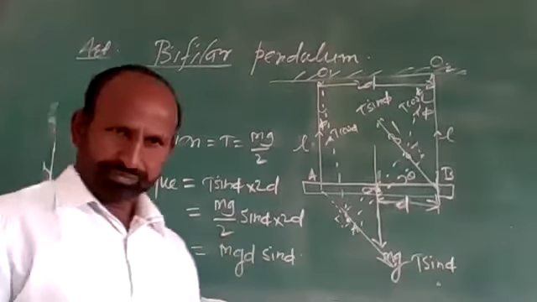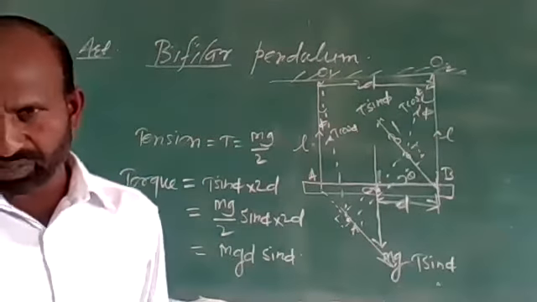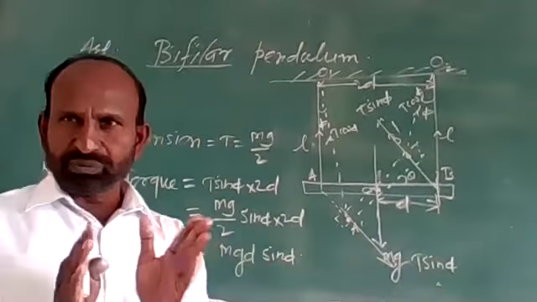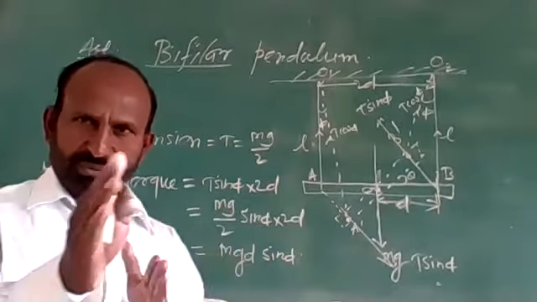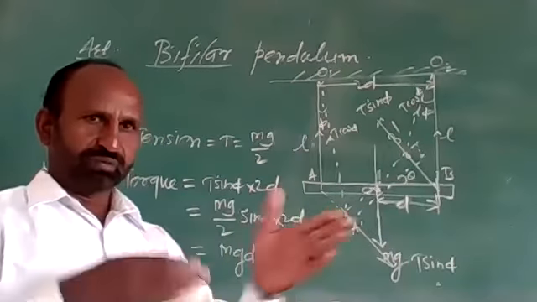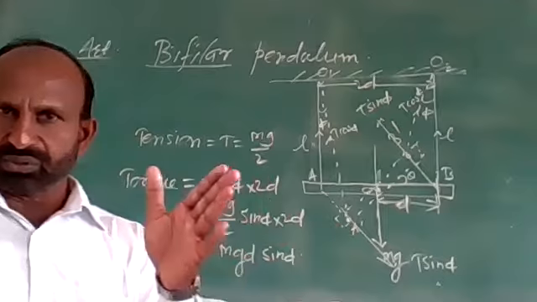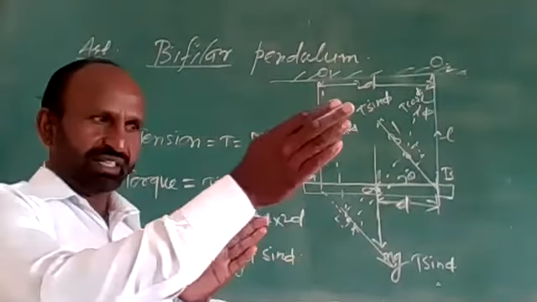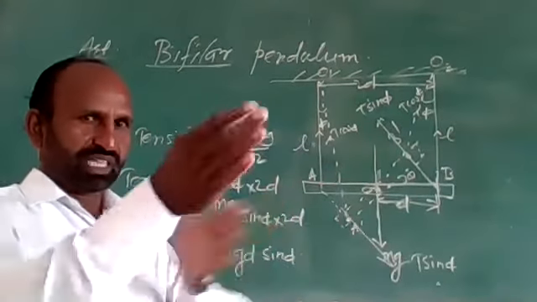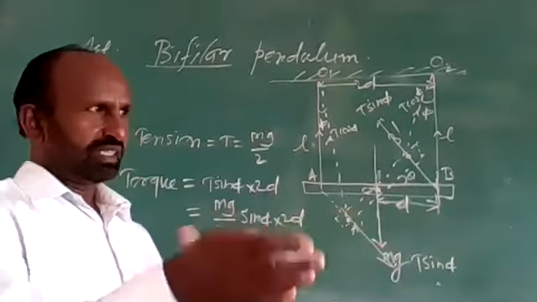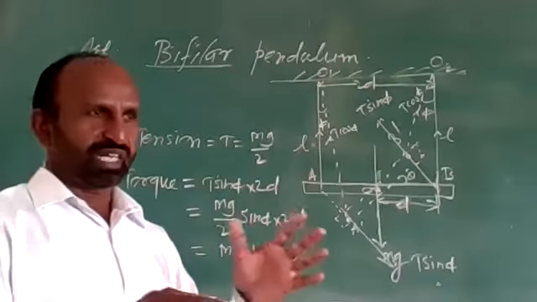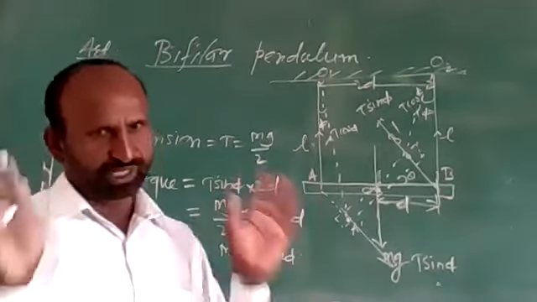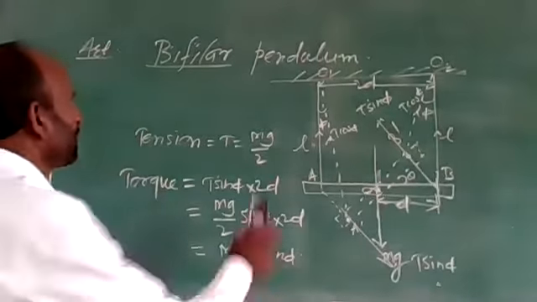Now this torque, which is acting on a given bar, will try to bring that bar to its original position. When we displace that bar and release, that bar will start to oscillate, and this torque will try to bring that bar to the original position.